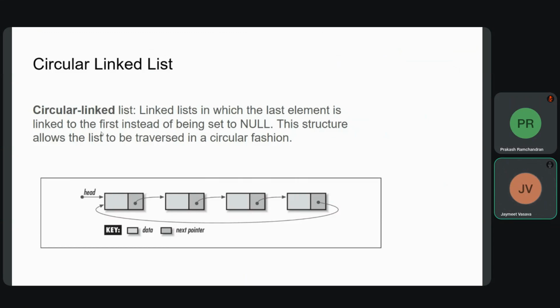It's basically a single linked list in a circular manner because we are only using a next pointer for traversal, and the last element's next pointer is pointing towards the head, having it in a circular manner.